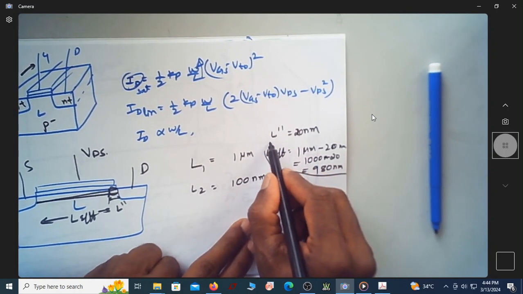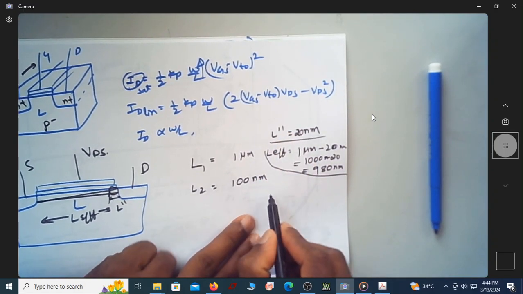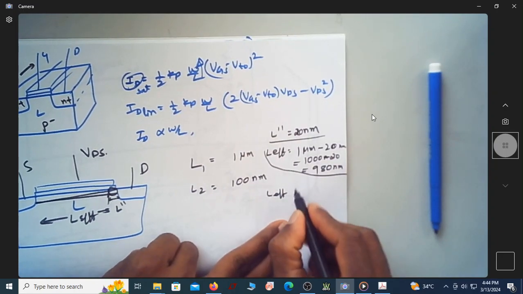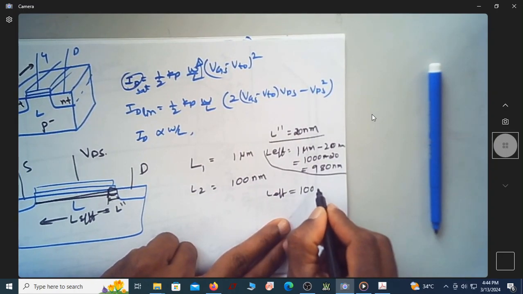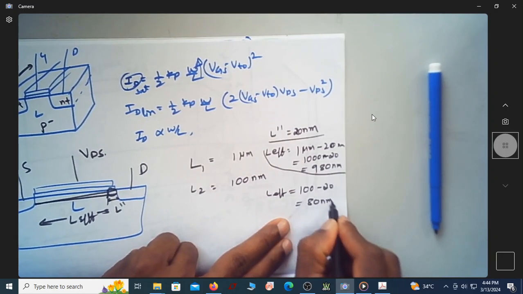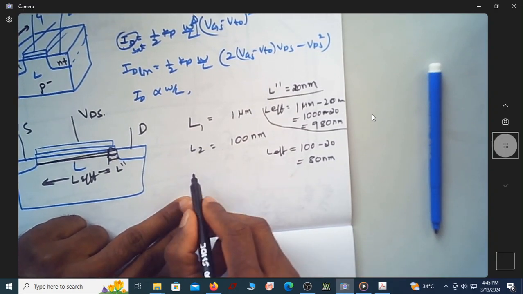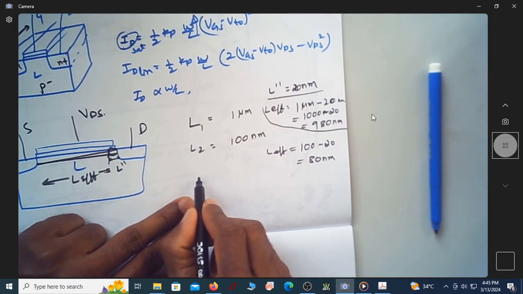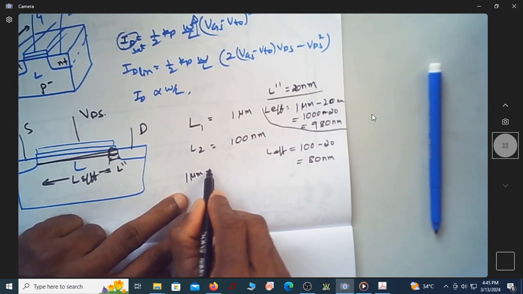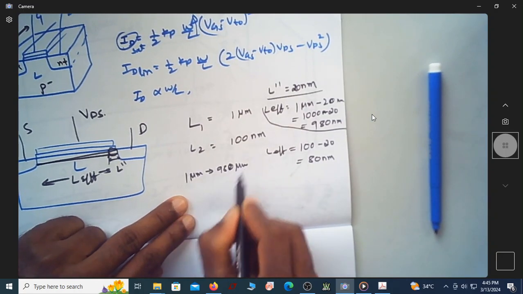Now again, considering the same L double dash as 20 nanometer, what is L effective when the channel length is 100 nanometer? Can you say it is 100 minus 20, which is 80 nanometer? Now let us see the percentage change. From 1 micrometer it has changed to 980 nanometer.